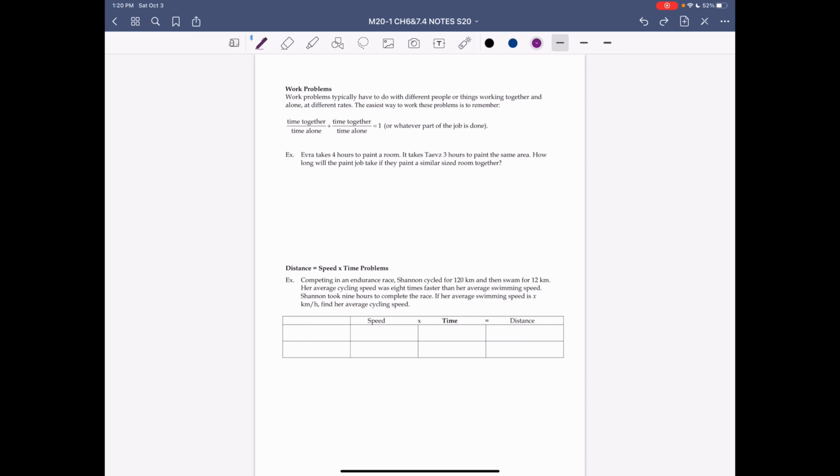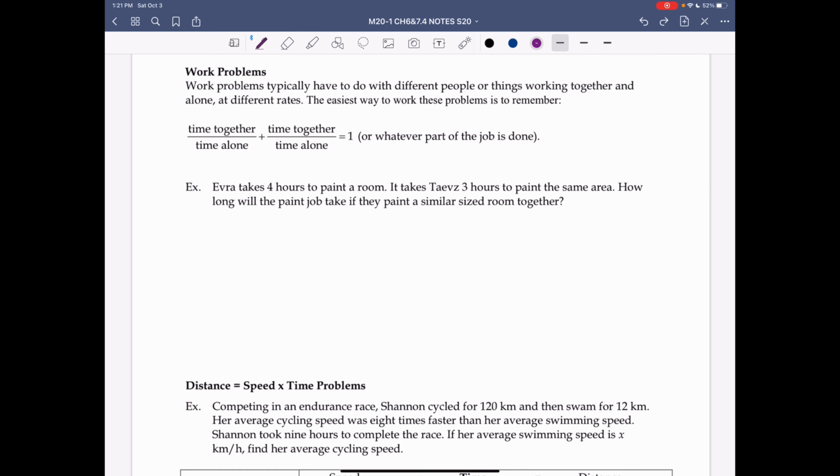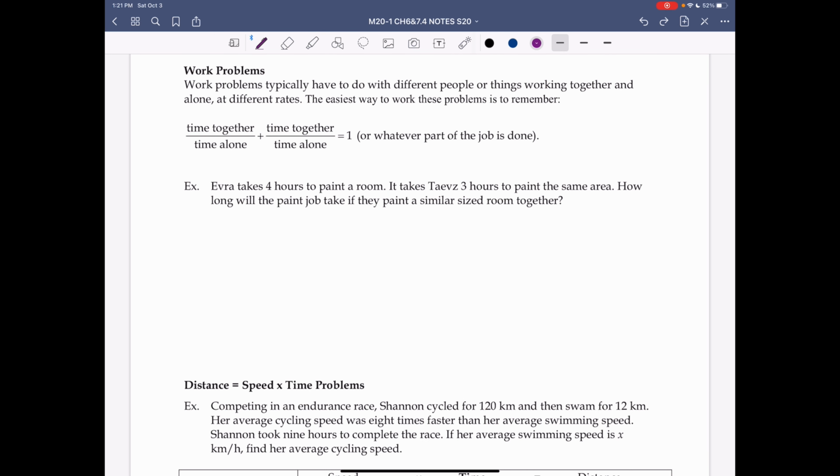We're trying to find the time that it takes for them to paint this room together. That's what we're going to let our variable equal. Let x equal the time it takes together. Our rational equation would then be the time together, which is x, over the time alone.